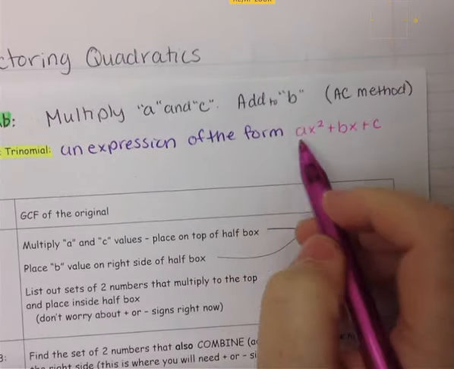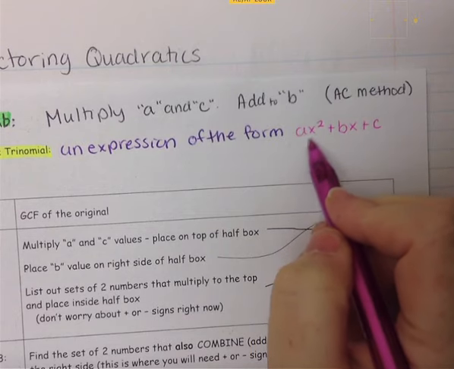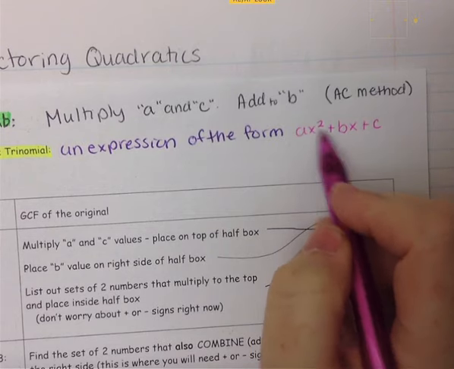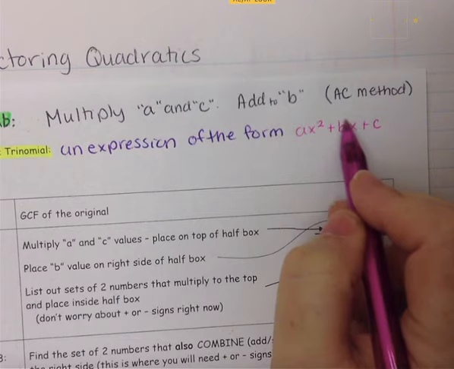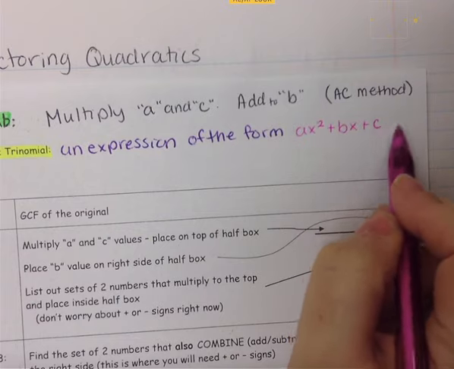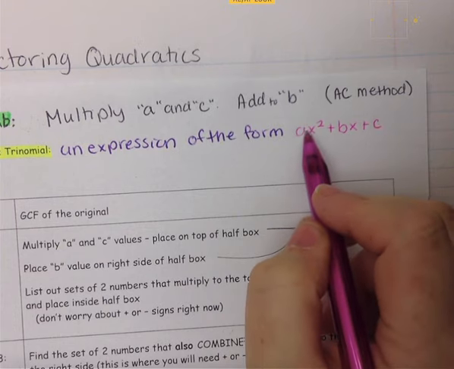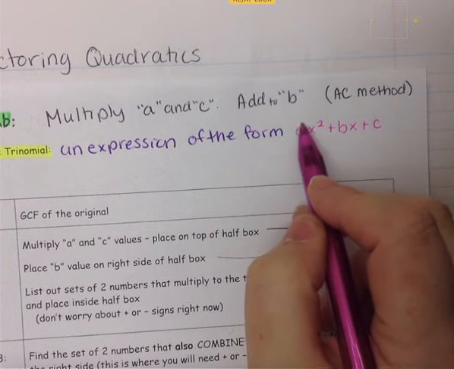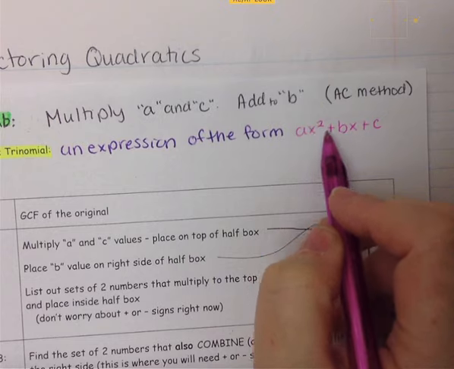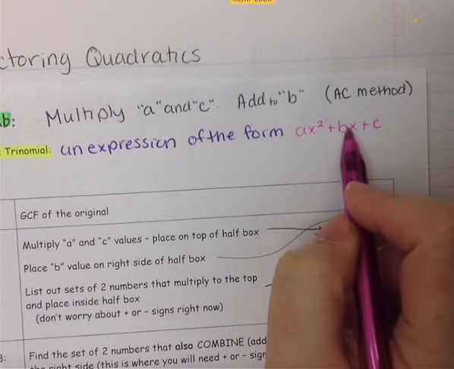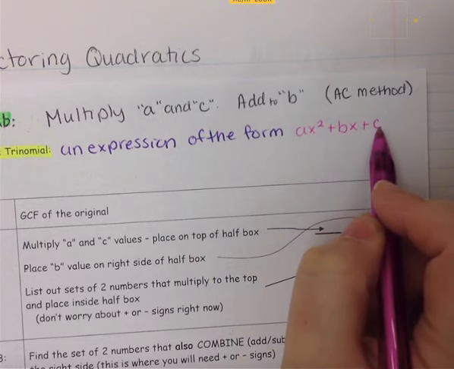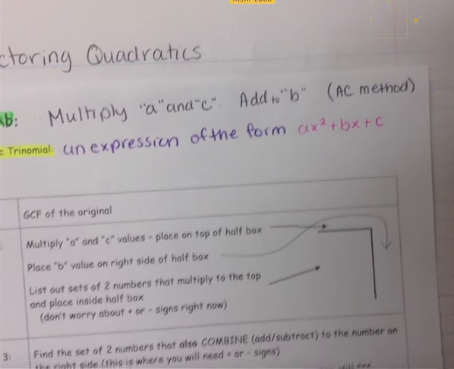Now, the ax squared is your quadratic term because it's the part with the x squared. The bx is your linear term, and your c is your constant. So the values that are attached to them are what we're looking at. The a is the coefficient of your quadratic term. Your b is your coefficient of the linear term, and your c is the actual constant value.